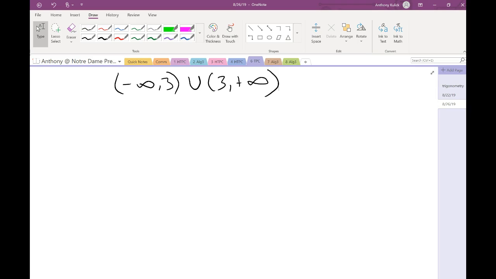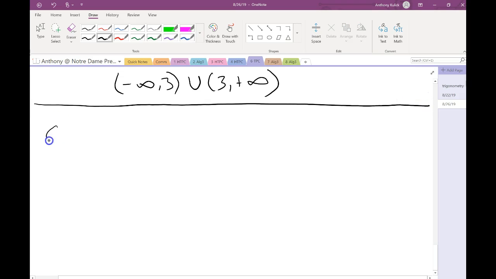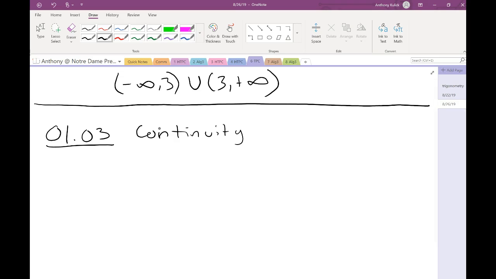The next topic that I want to talk about then is something called continuity. And we're, in this class, going to give a pretty informal definition of continuity, mostly because the precise definition of continuity requires calculus, which obviously this class precedes.